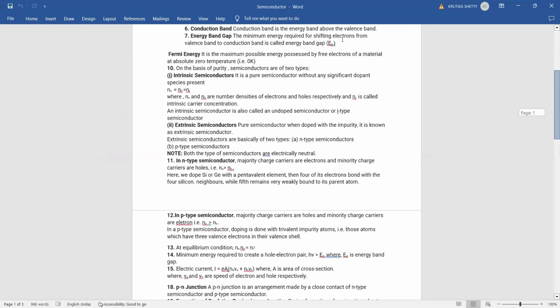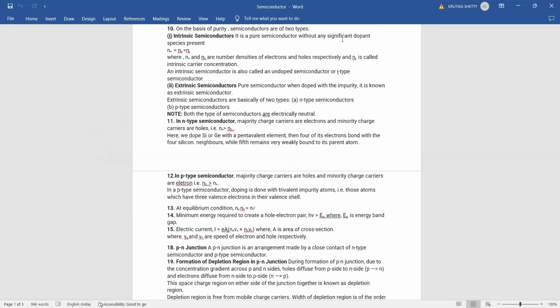Next, what we are defining is intrinsic semiconductors and extrinsic semiconductors. What is an intrinsic semiconductor? Intrinsic semiconductors are the pure semiconductors without any dopants.